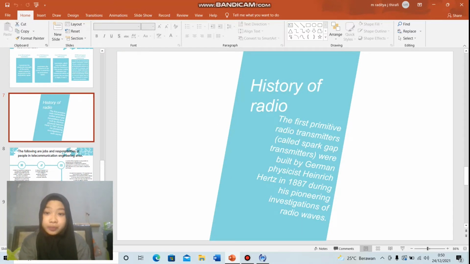History of radio. The first primitive radio transmitters, called spark gap transmitters, were built by German physicist Heinrich Hertz in 1887 during his pioneering investigations of radio waves.